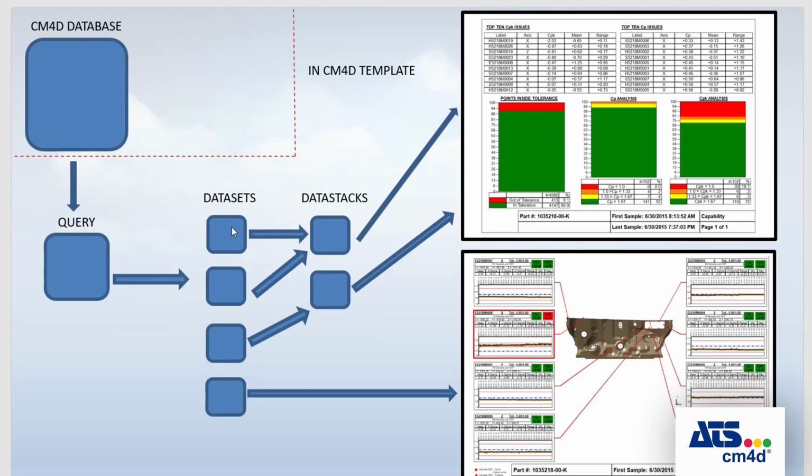So you can have the data set only look at X data, Y data, Z data, or any other dimension that has a nominal value or that has been measured by the collection device for those features. So those are the two main things that data sets contain: a certain number of features from your routine and a certain type of data for those features.